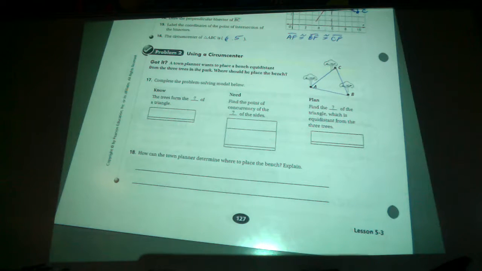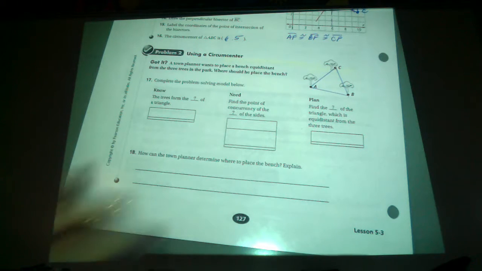What do you need to do first? I'd have to find the length of each side, right? And then do what? Why would I want to find the length of each side of the triangle? So I can find the midpoint, because at the midpoint I can create what?